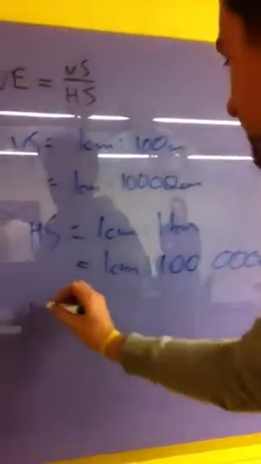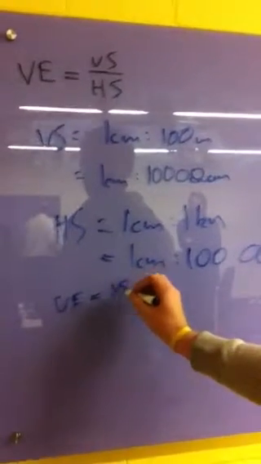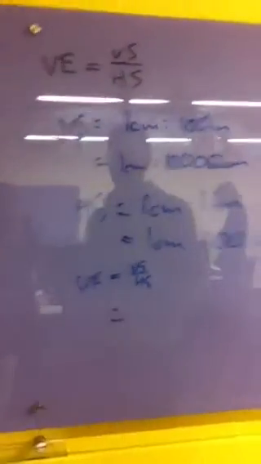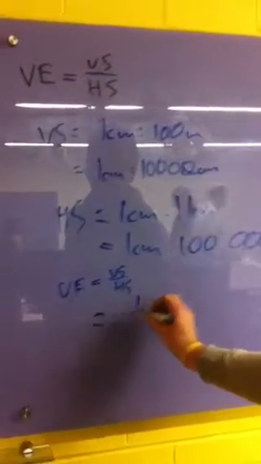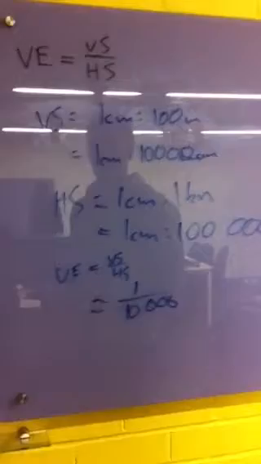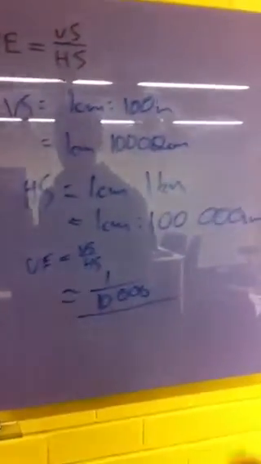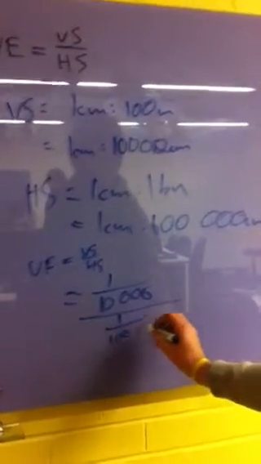Now back to our original, vertical exaggeration equals vertical scale over horizontal scale, which will be represented by 1 over 10,000. So that's our vertical scale there, over our horizontal scale, which is 1 over 100,000.